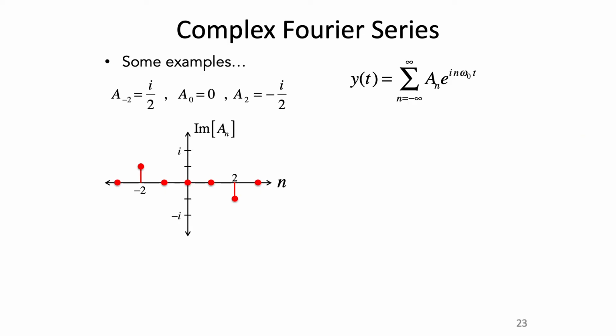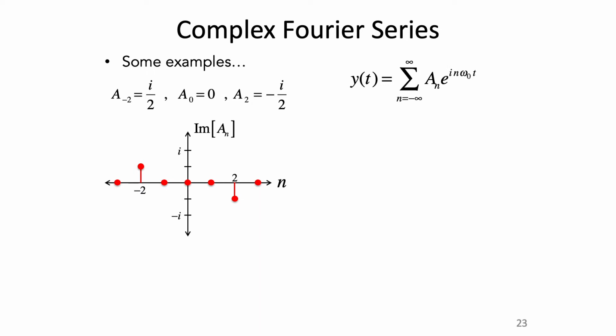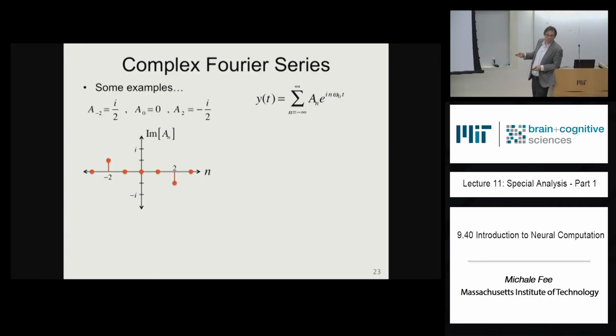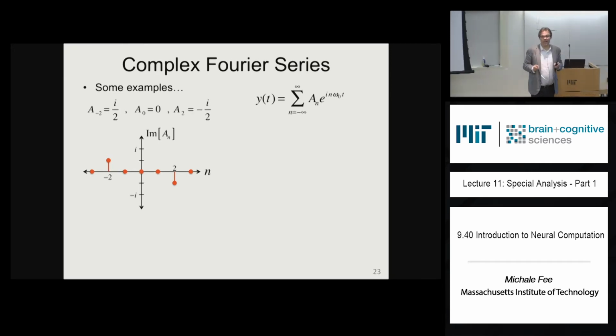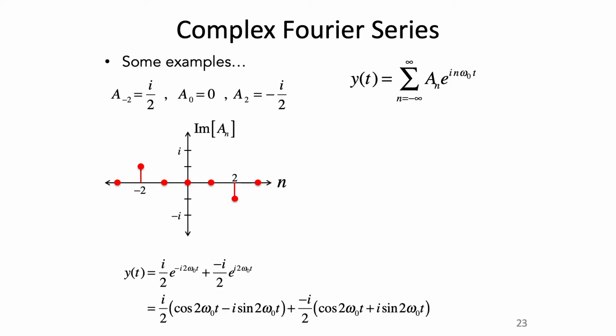Okay, how about this one? Remember, the a's are complex numbers. The ones we were looking at before had two real numbers. Here's an example where the a's are imaginary. One is I over 2, one is minus I over 2. That's what the complex Fourier representation looks like of this function. We can just plug it in here.